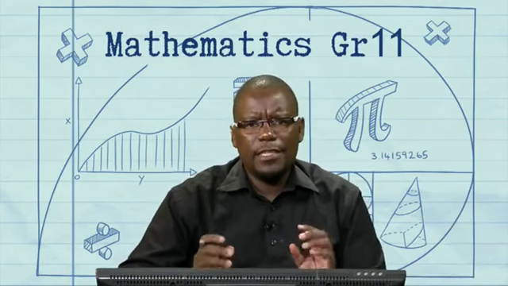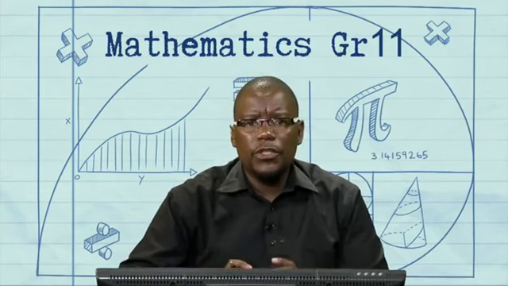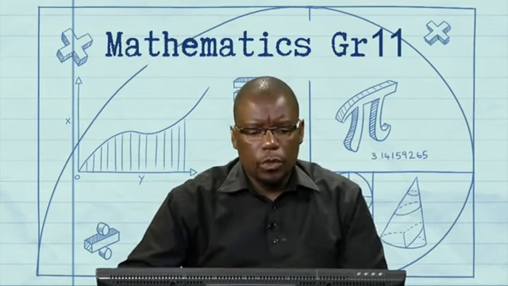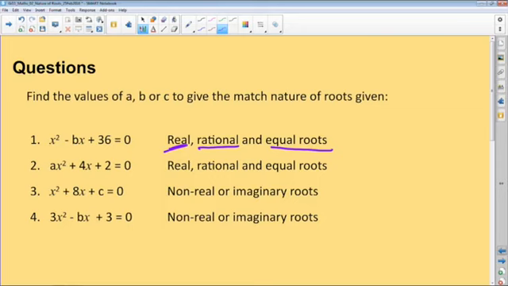Well done, guys. Let's now see those of us who are still struggling. Okay, let's go to the question. x squared minus bx plus 36 equals 0. The unknown there is b. Right? We need to work out the value of b if the roots will be real, rational, and equal roots. Okay. So the key here, you've got your equal roots.